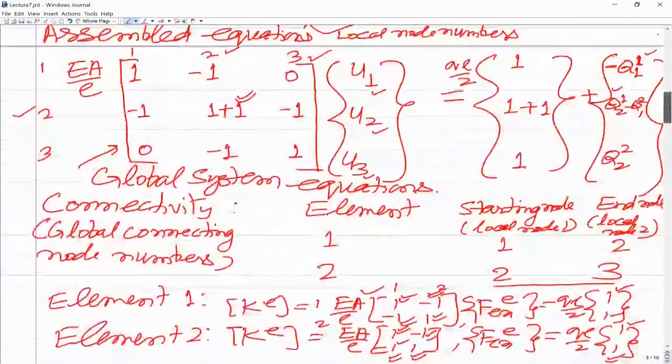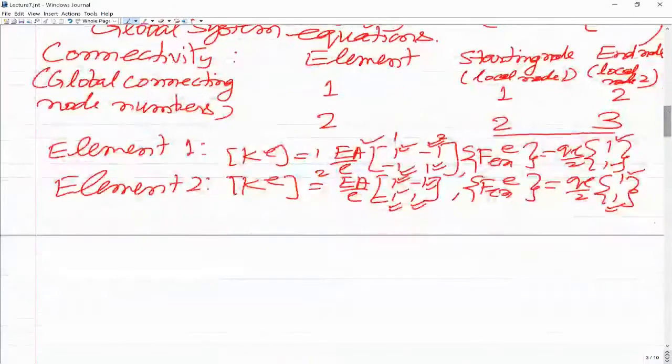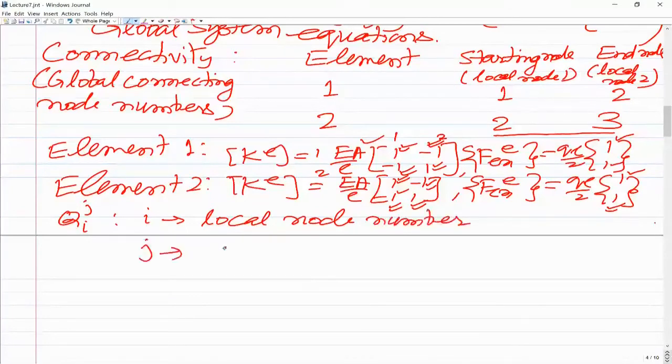As I have already explained, in the notation q has both a subscript and a superscript. In qij, i is the local node number, that is, local to the element, and j is the element number.